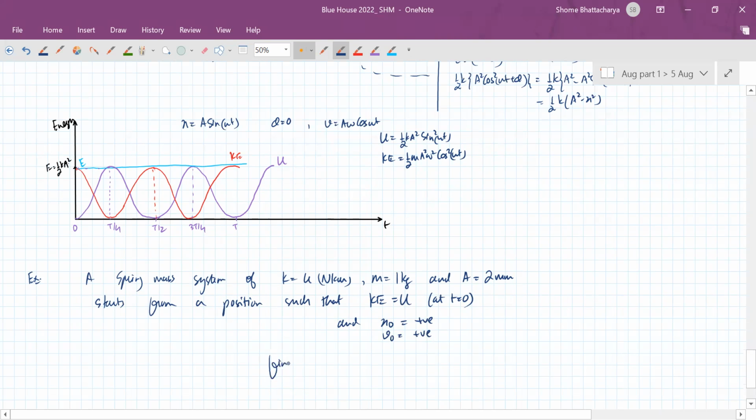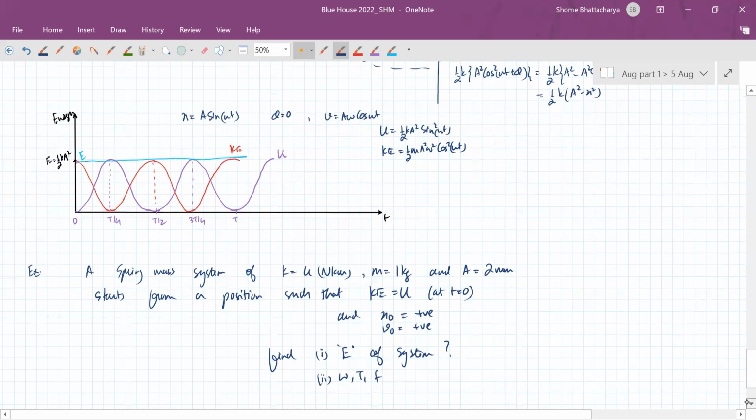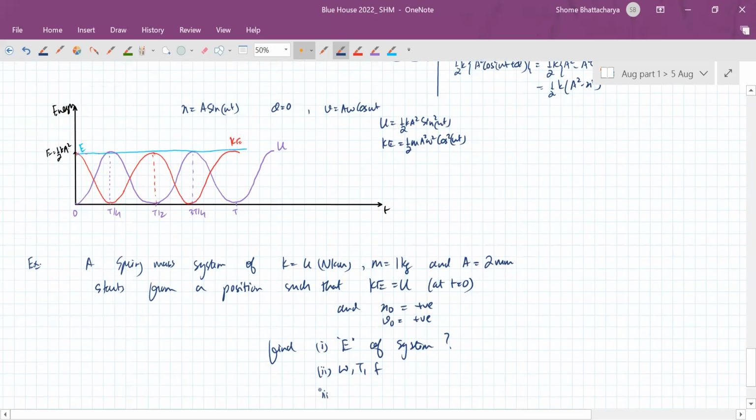So find the mechanical energy of the system, omega, time period and frequency, and third, write x as a function of time.